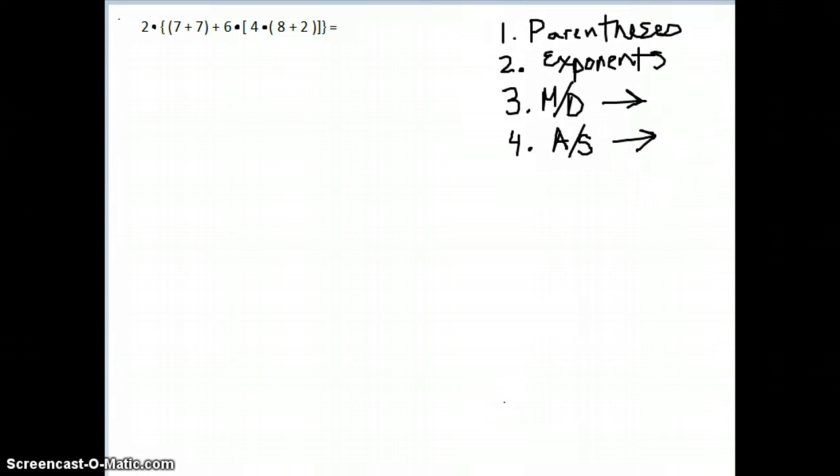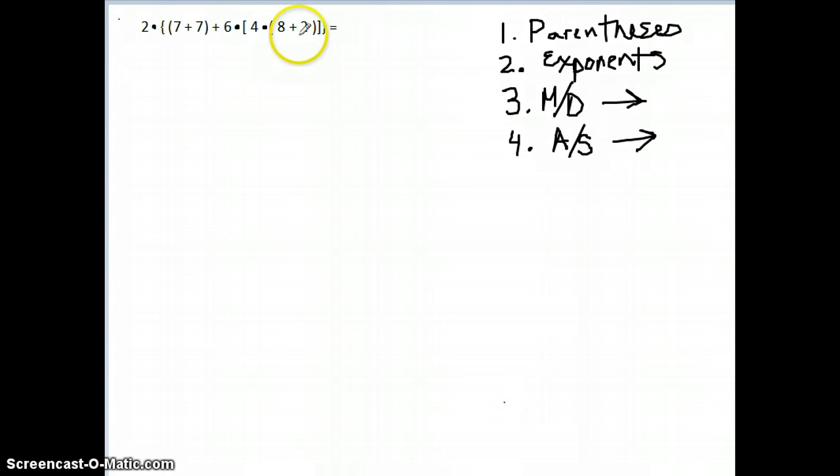So if we take a look at this problem over here, I'm going to actually use this smaller brush size. We've got multiple sets of parentheses. So whenever we have more than one set of parentheses, we need to start with the innermost set of parentheses. So in this case, it's going to be the 8 plus 2.